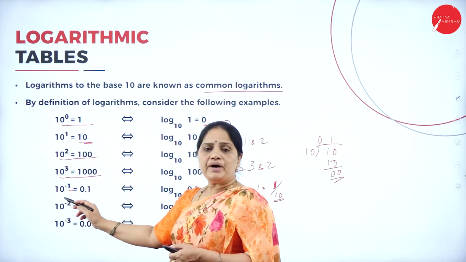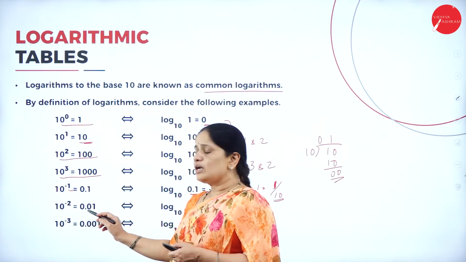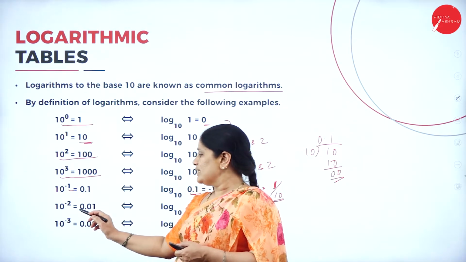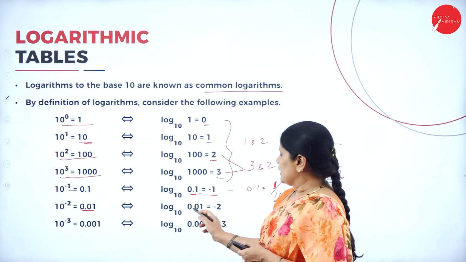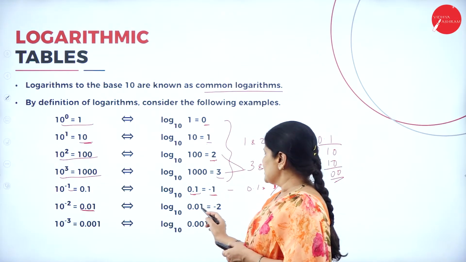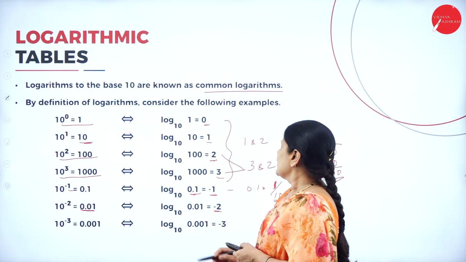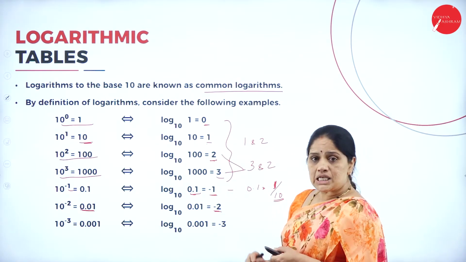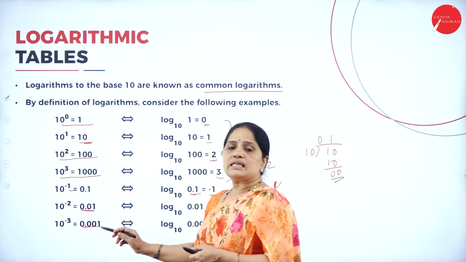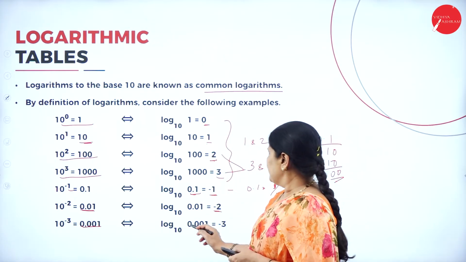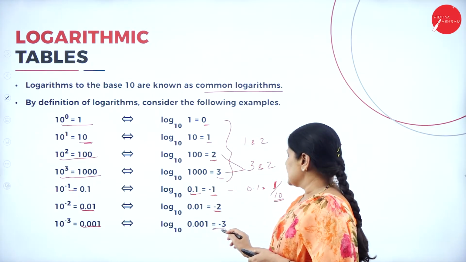Now 10 to the power minus 2 equals 0.01. So when there are two zeros given here, one zero to the left hand side and one zero to the right hand side, the value is minus 2. The same way, when there are 3 zeros in the given value, then we write it as minus 3.